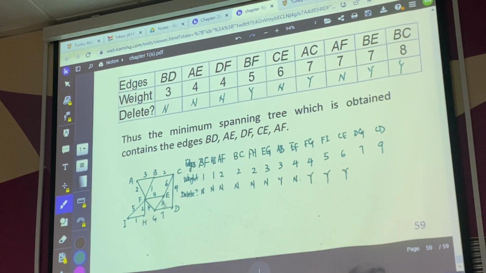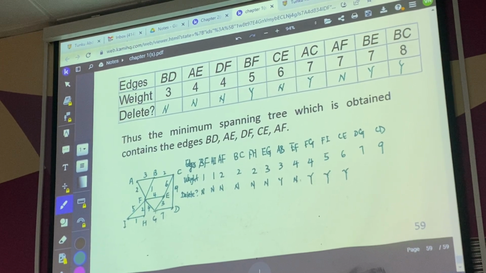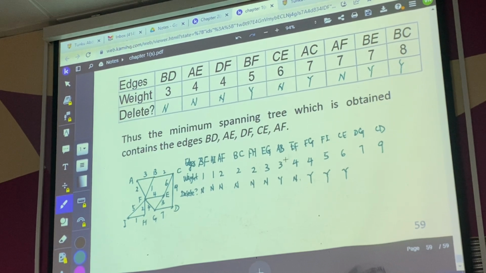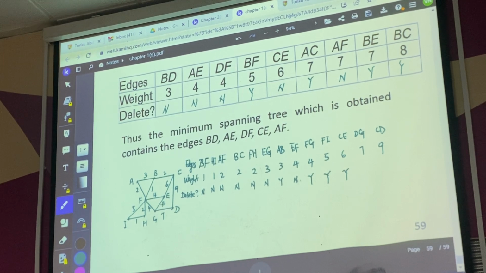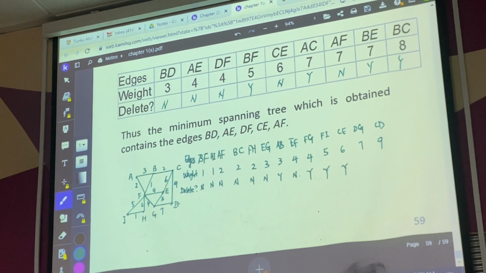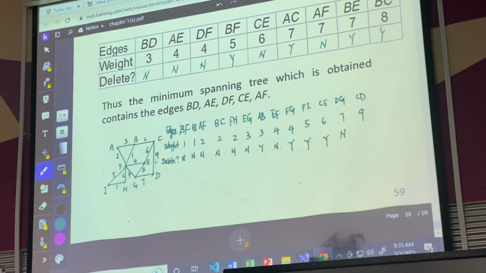No, huh? Just now you choose this one, EF4, you choose EG3. Okay, so these two you already chosen, and now we will choose DG. Not delete. And the last one, CD, delete.